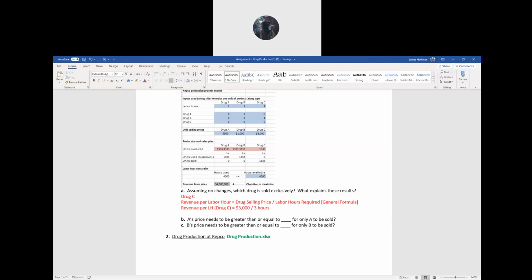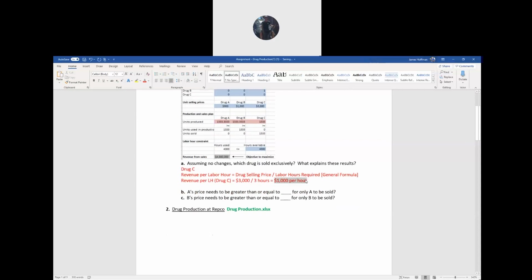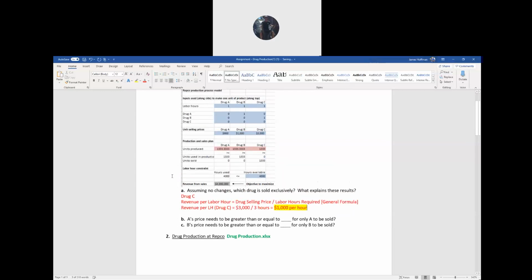That means 3,000 in revenue divided by 3 hours gives us 1,000 per hour. So the revenue per labor hour for each drug C is 1,000 per hour. Every labor hour that goes into producing drug C gives us a revenue of 1,000.